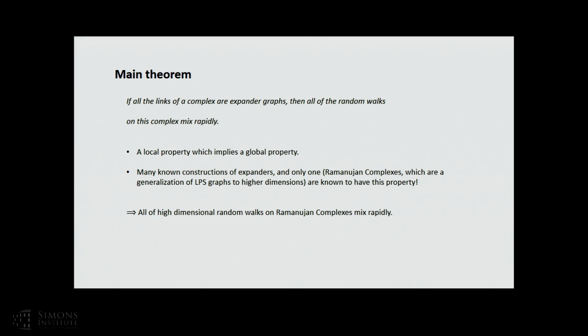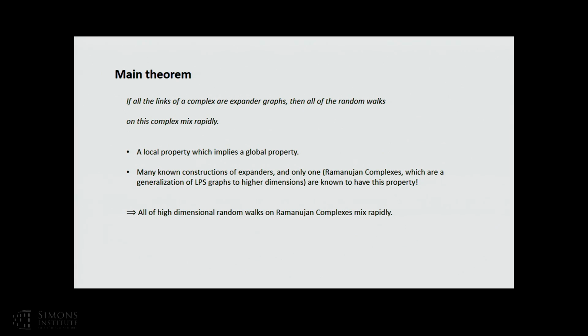And our main theorem is that if all the links of a complex are expander graphs, then the complex itself is a high-dimensional expander in the sense that all the random walks on it mix rapidly. So note that these expanding links are a local property, and it implies a global property. If all the links locally are expander graphs, then we get that the whole complex is a global expander, that all the walks on it mix rapidly.